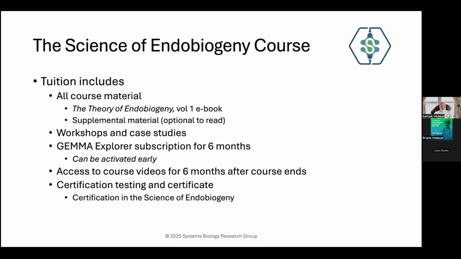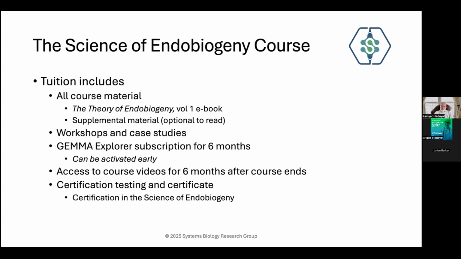So the tuition includes the course material, which is an ebook of the Theory of Endobiogeny, Volume 1. We'll provide the links and the PDFs where it's relevant to the supplemental material that you can access through the learning management system. It includes the workshops, the case studies.